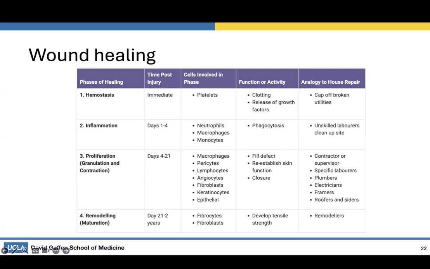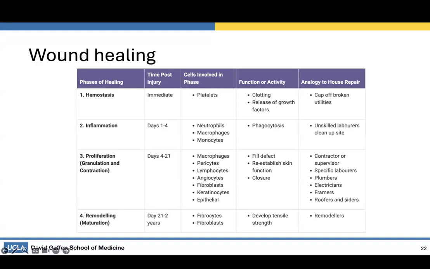These involve our white blood cells, our neutrophils, macrophages, and monocytes, our body's army to go and attack the problem. And the function is phagocytosis. Let's try to eat and get rid of all bad bacteria. And these are the unskilled laborers that are there to clean the site.